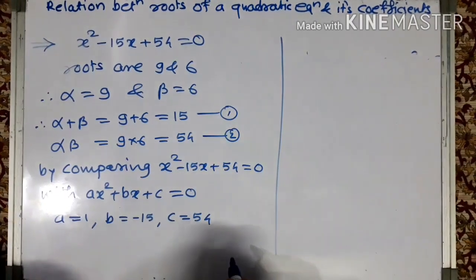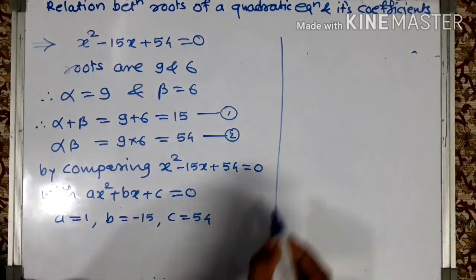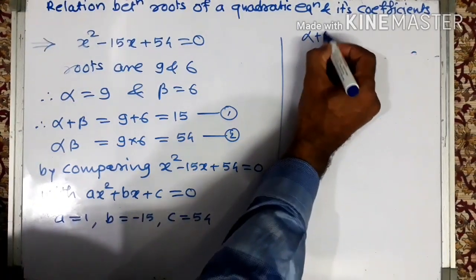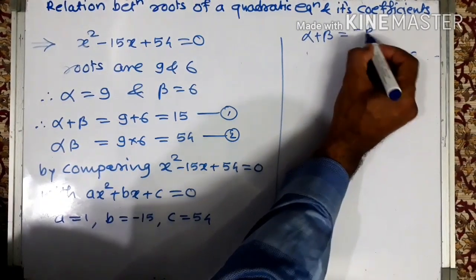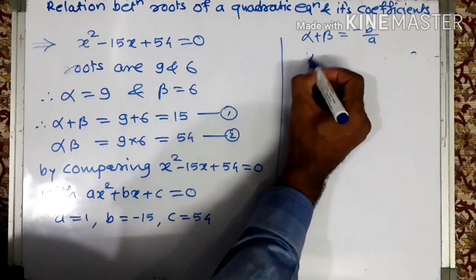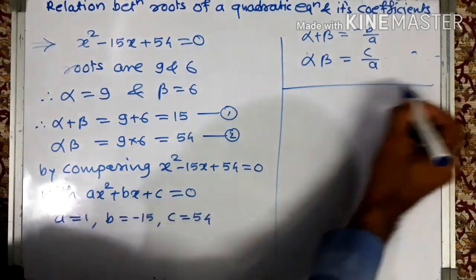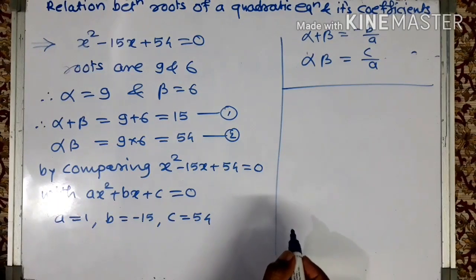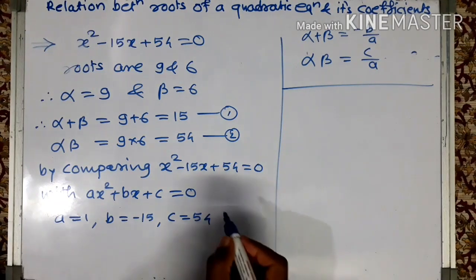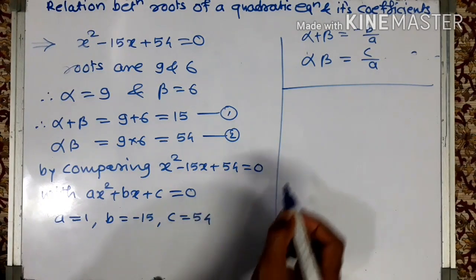Now we know that the relation is alpha plus beta equals to minus b upon a and alpha into beta equals to c upon a. This is the relation. We have already found it.